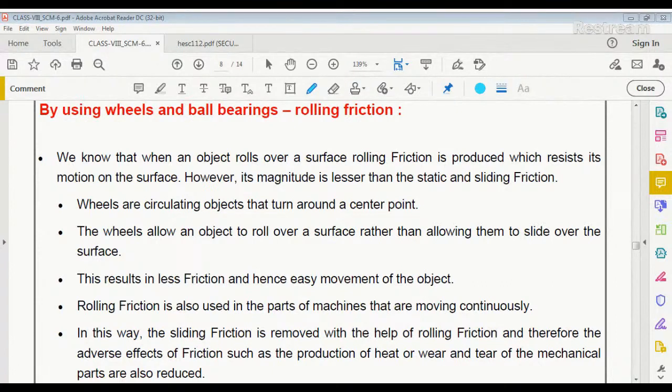The wheels allow an object to roll over a surface rather than slide over the surface. This results in less friction and hence easy movement of the object, isn't it? Now, we can take another example.